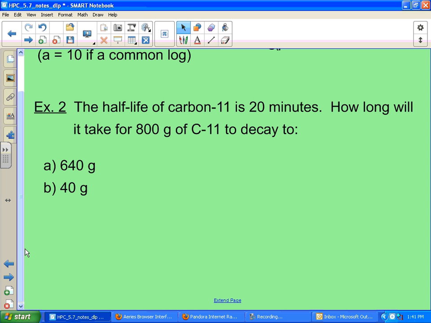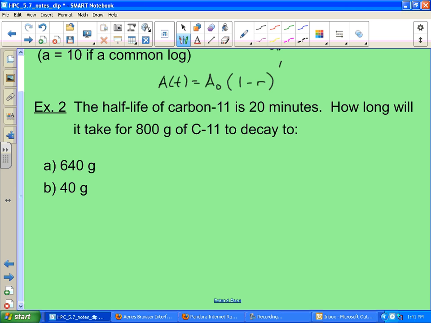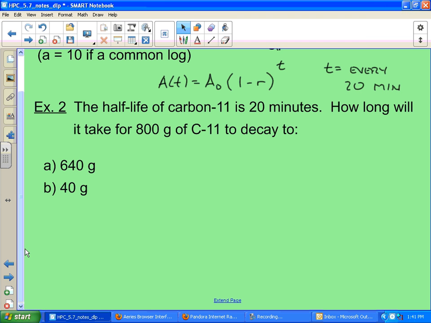Generically we're talking about this equation, A of t equals A sub 0 times (1 minus r) to the t. Because we have a half-life, t in this case is every 20 minutes. So this is a setup where I'm not looking for a per minute change, but a per 20 minute change.